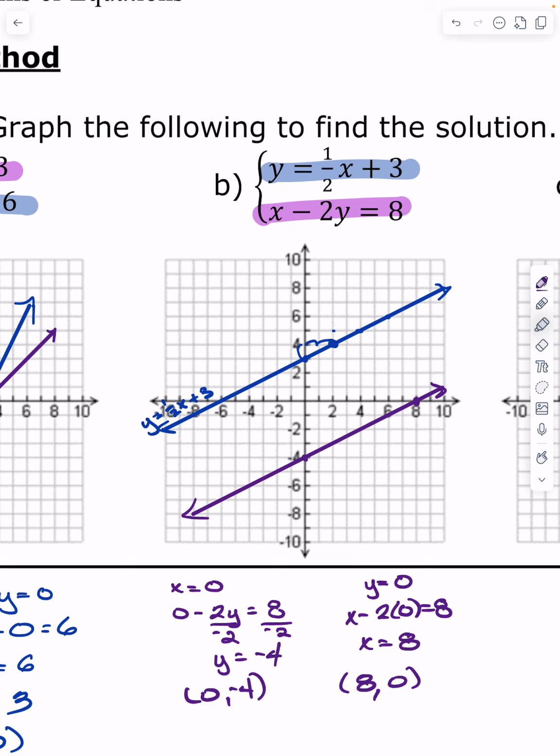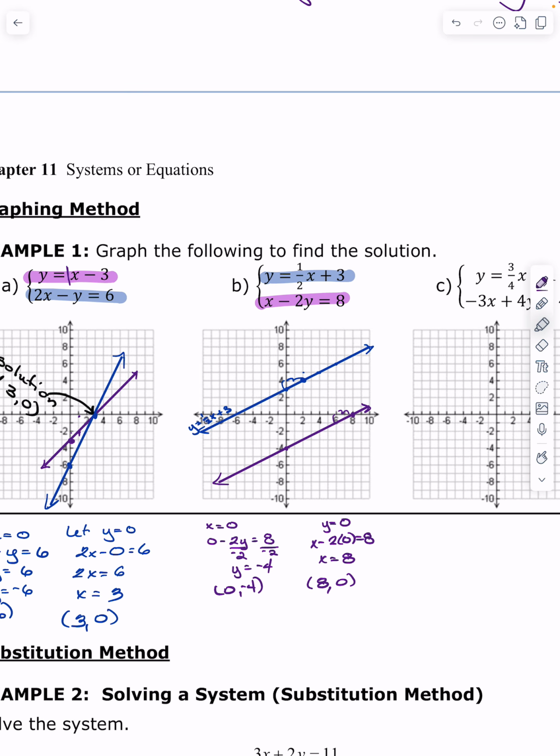If you notice, between any 2 points, I go up 1 over 2. Same slope. These 2 lines are parallel, so there are no solutions. And we'll take a look at what this looks like algebraically a little later on in the notes.